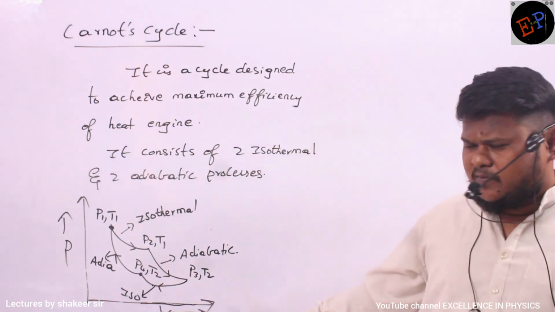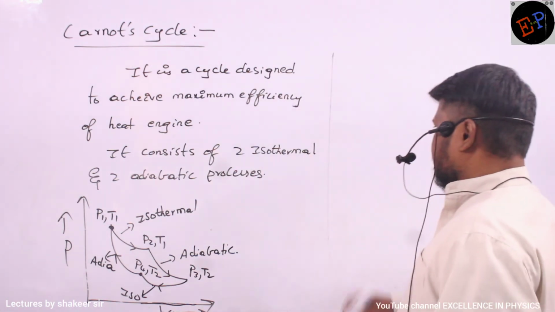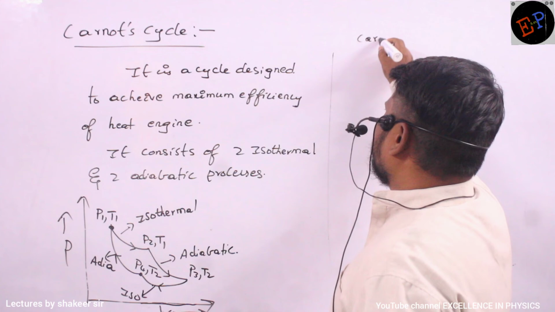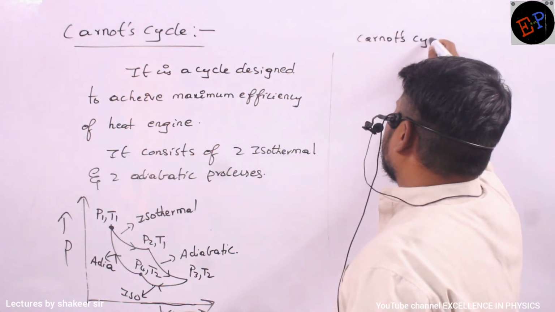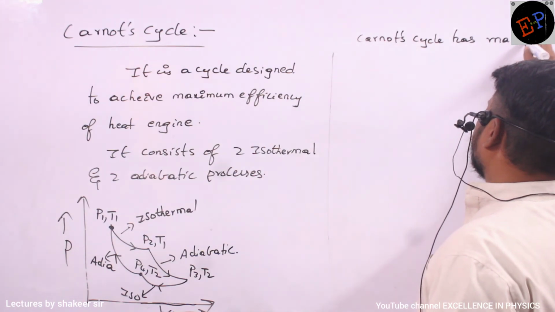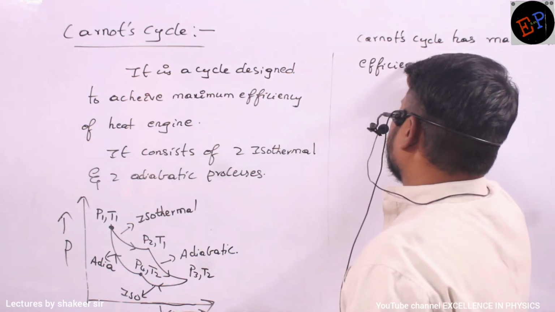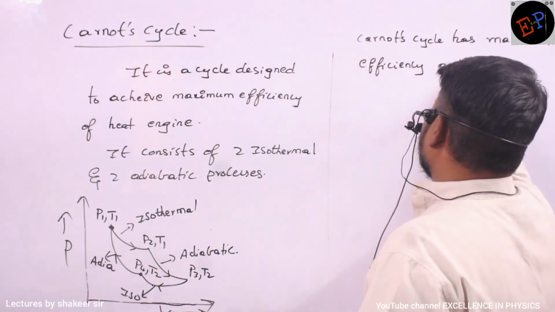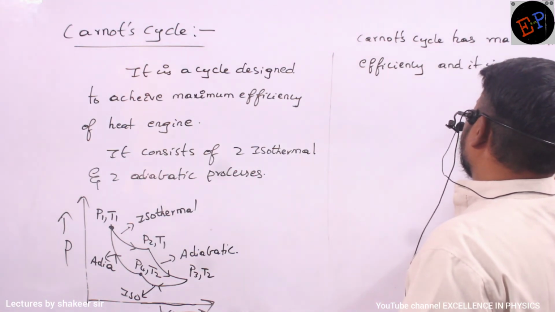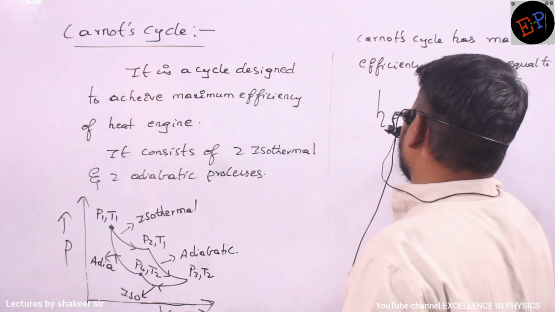We are not doing this derivation here; we are just studying the result. The result is that Carnot's cycle has maximum efficiency, and it is equal to eta is equal to 1 minus T2 divided by T1.